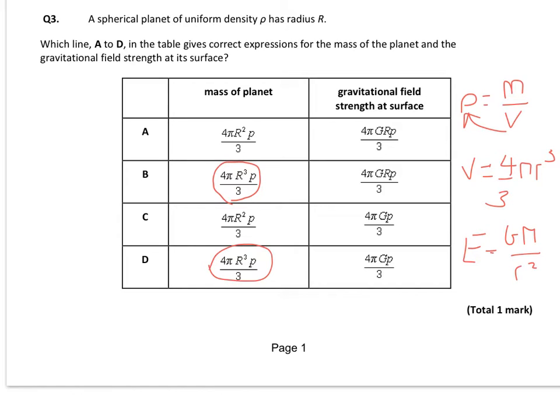Remember, for our mass, we've got this expression over here on the left, so we'd need to cancel 2 of the r's off the top line, leaving you just r. You'd still have your 4 pi, you'd still have your 3 on the bottom line, you'd still have your density, and then that would end up being multiplied by G. So let's have a look which of those two matches up with that, and it's this one here, so the answer to question 3 would be B.